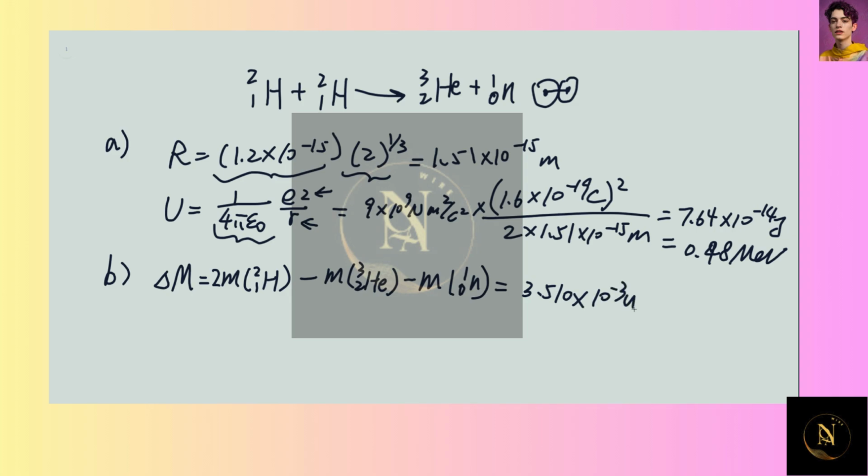We know each U corresponds to 931.5 MeV. If we use this conversion factor, 3.510 times 10 to the negative 3 U times 931.5 MeV per U, we see that the total amount of energy that is produced is 3.270 MeV.